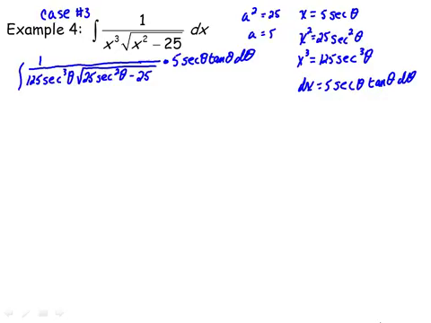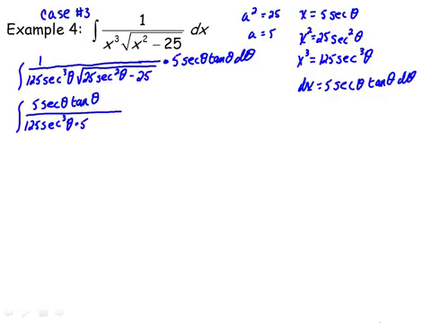Now, let's clean it up a bunch. I'm going to move the 5 secant theta tangent theta over on top. The 125, if you want to go ahead and cancel some out, you can. I'm not going to right now. All right, underneath the radical, I'm going to factor out a 25 and then take the square root. So the 5 is going to come out.